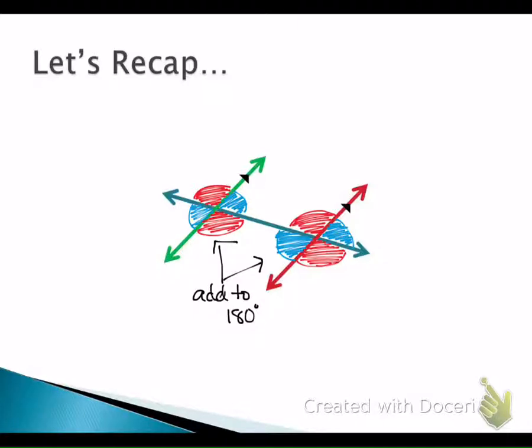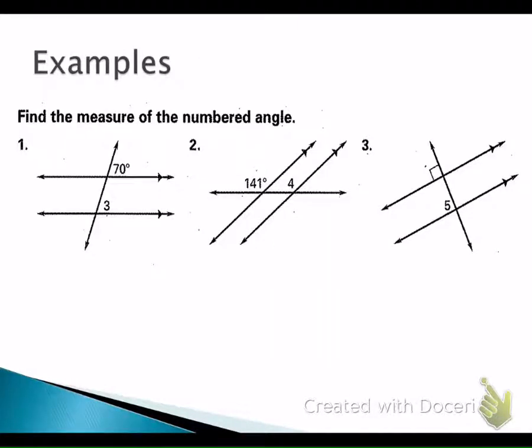Questions? So we are trying to find the measure of the numbered angle. So one of the angles will have a degree measure. It has the little degree symbol by it. The other one just has a number. We're trying to find the measure of just the number. So we know this guy's 40. We know this guy is 70 degrees.